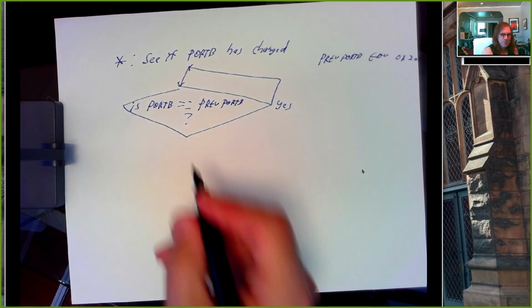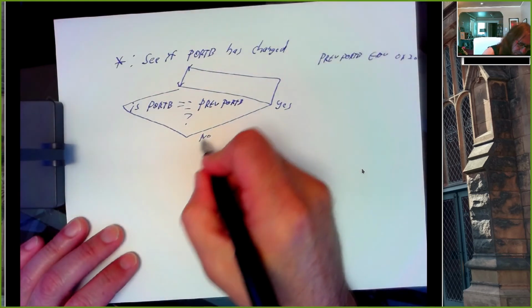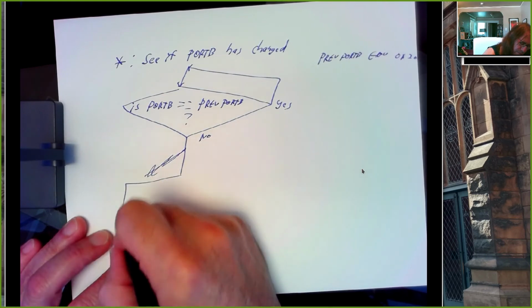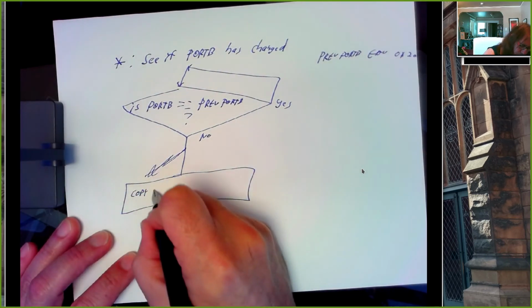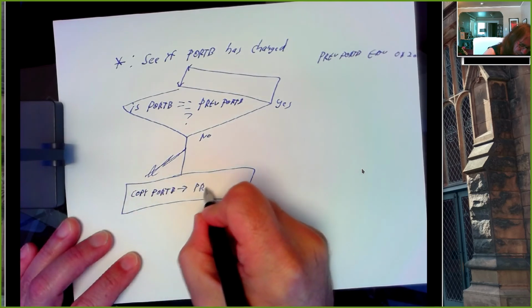We're going to compare port B to see if it's the same as the previous port B, and if it is, we'll go back up to the top. If it's not, then the first thing I'm going to do is take the current value of port B and copy that into my previous port B.